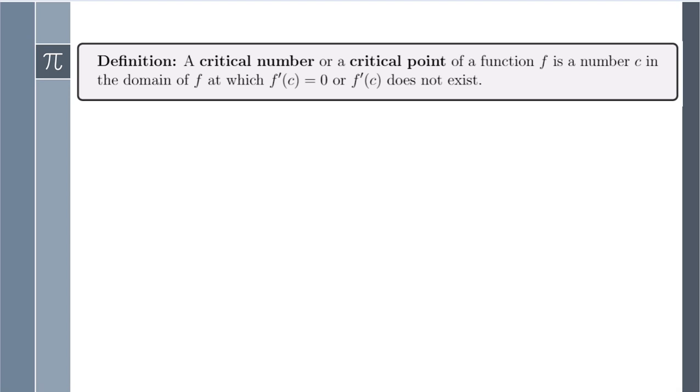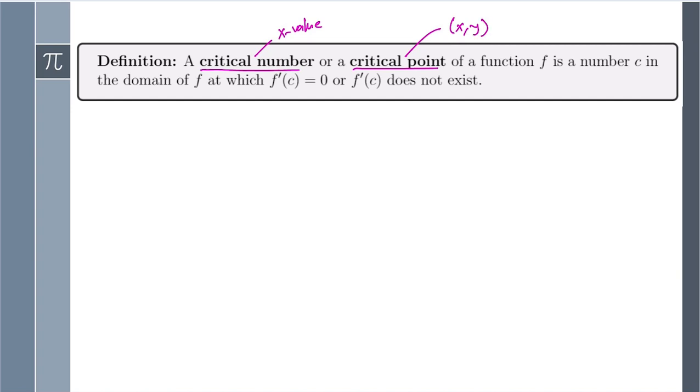Now, there's an important thing that we use in order to find the absolute max and min. That number is called a critical number, and we also use the word critical point. The difference is that critical number is the x value, and critical point is the point, with an x value and a y value.